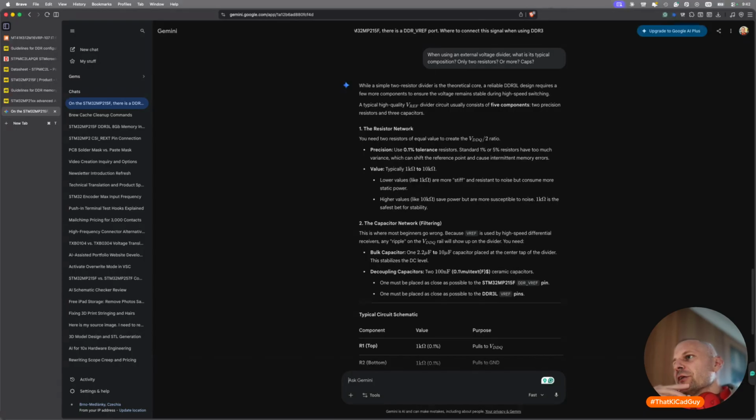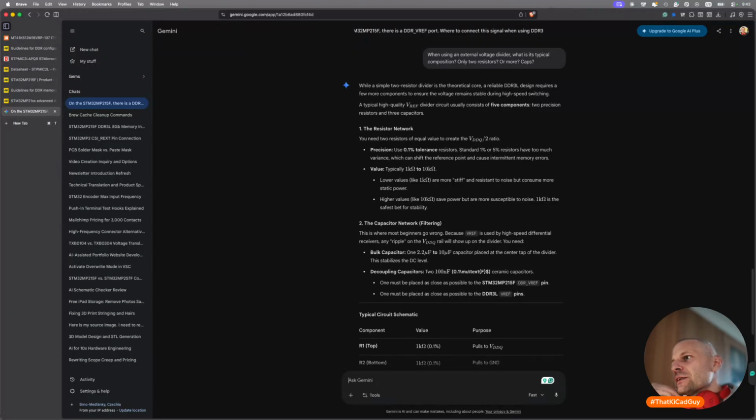The capacitor network filtering, this is where most beginners go wrong, because VREF is used for high-speed differential receivers. Any ripple on the VDDQ rail will show up on the divider. You need a bulk capacitor, 2.2 micro to 10 micro, placed at the center tab of the divider. This stabilizes the DC level.